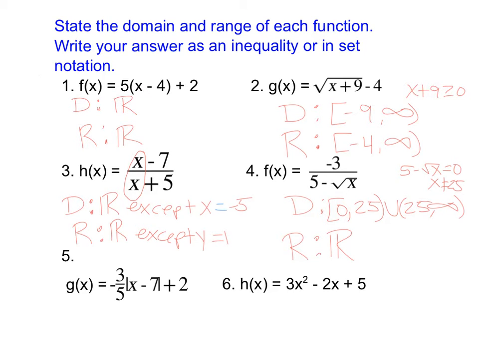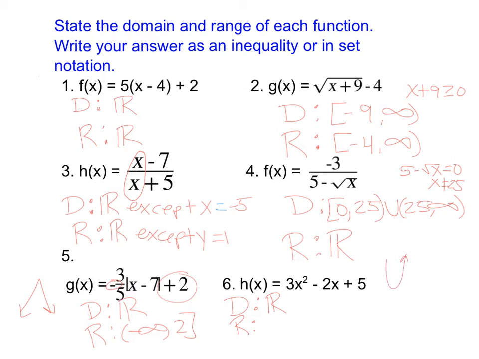All right, so this is an absolute value, so it's a v. It's an upside down v. Domain is all real numbers. The range, it's upside down because of the negative, so negative infinity to 2, the y value. Number 6, that's a quadratic, a parabola, all real numbers. The range, we need the y value of the vertex.